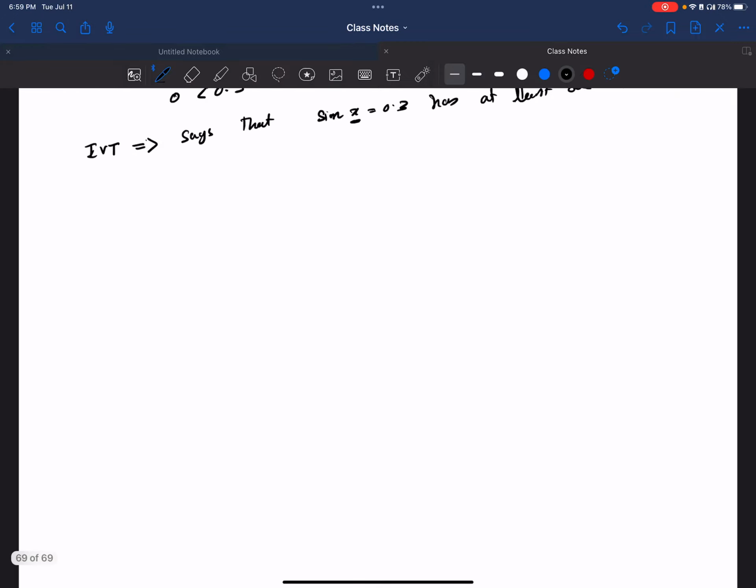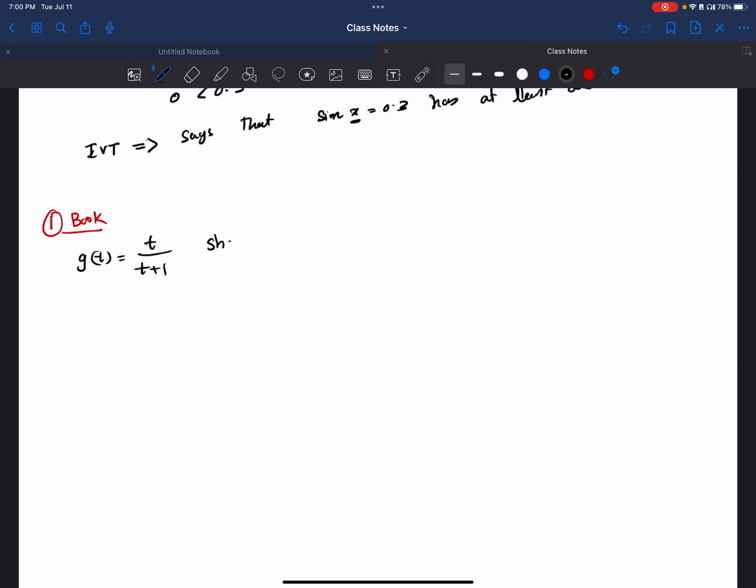This is problem 1 from the book in this section. So we have g of t equals t divided by t plus 1.